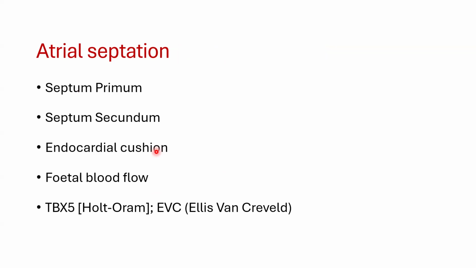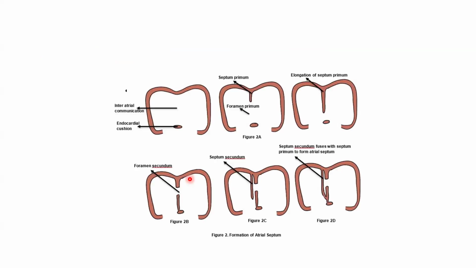And this atrial septation is under the control of TBX5. Part of the TBX genes are listed over there. The TBX gene you find common in genetic syndromes like Holt-Oram and Ellis-van Creveld, which is why these syndromes are associated with either a common atrium or various degrees of atrial septal defect. So Holt-Oram, you would have various forms of ASD, and the same thing with Ellis-van Creveld. All right, so let's see how these ingredients play out.